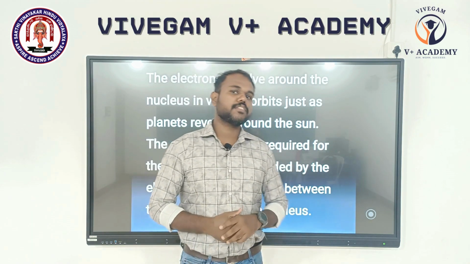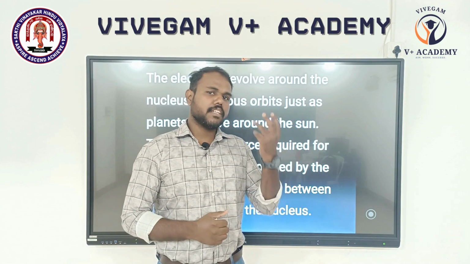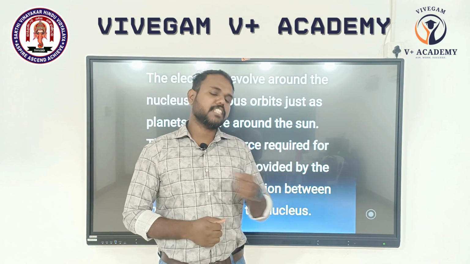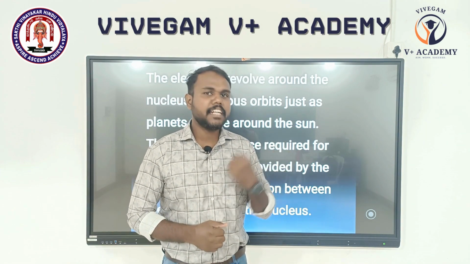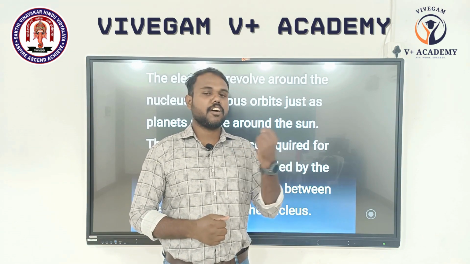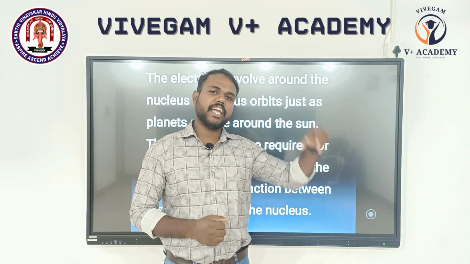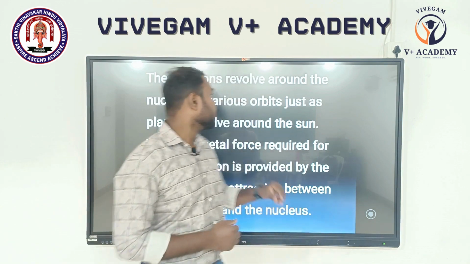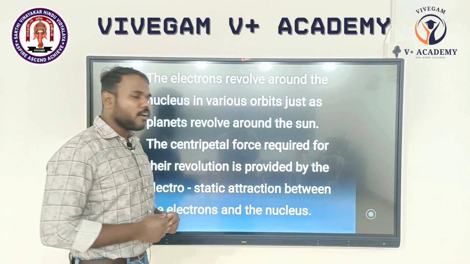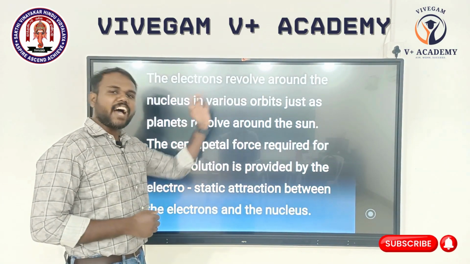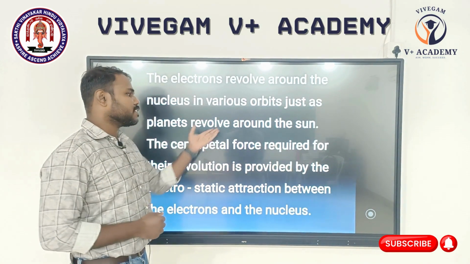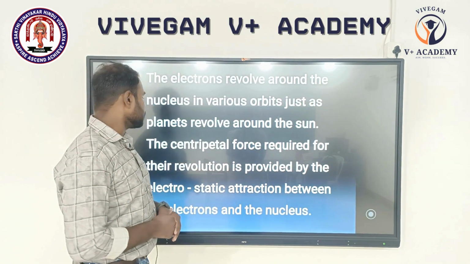But what Rutherford said is, the nucleus is at the center, but the electrons move in random orbits. It's not a fixed or stationary path. It can move in any orbit. So this is what he concluded. The electron revolves around the nucleus in various orbits, just as the planets revolve around the sun.